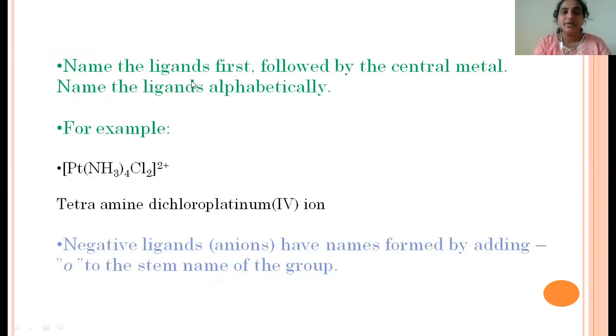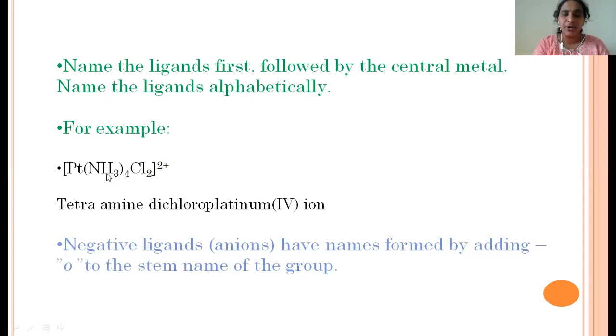Whenever writing the coordination complex or metal complex, first we have to write the ligands, followed by the metal ion. And if more than one ligand is present in the sphere, then all those ligands we have to write according to alphabetical order. For example, if you see this example here, this platinum is a metal.